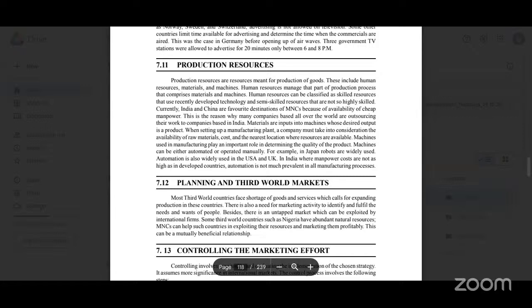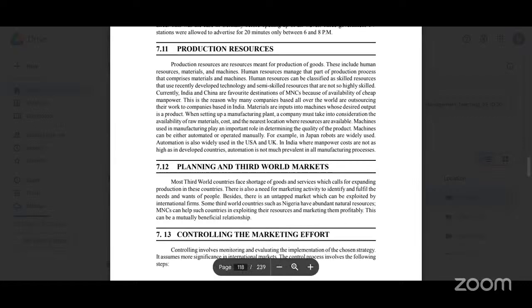So, when setting up a manufacturing plant, a company must consider availability of raw materials, the cost, the nearest location where resources are available, and also the transportation costs, which will help the company decide whether it is worth manufacturing that particular product or not.